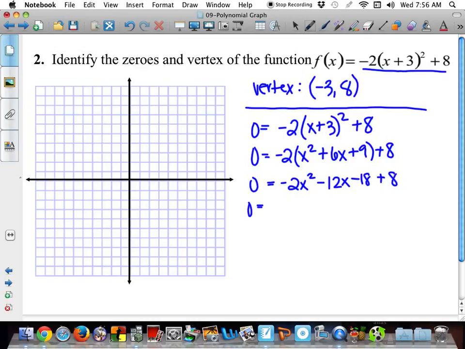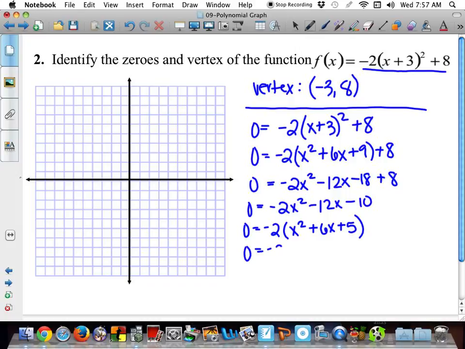I'm going to simplify, combine like terms, and at this point I'm going to start factoring. I'm going to factor out a -2. So I have x squared plus 6x plus 5. Then I'm going to factor that.